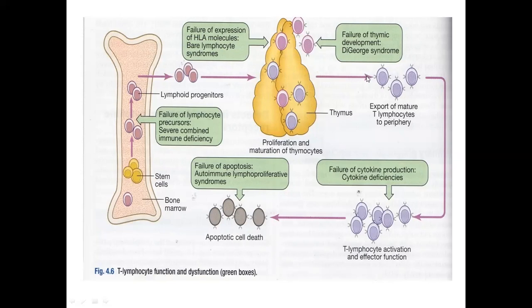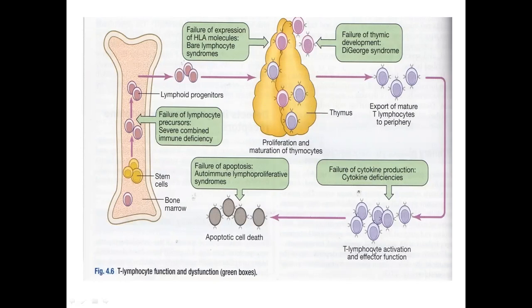Again, you can go a further step. When the mature differentiated T lymphocyte goes to the secondary lymphoid organs, there may be failure in the cytokine production, and this is cytokine deficiency.